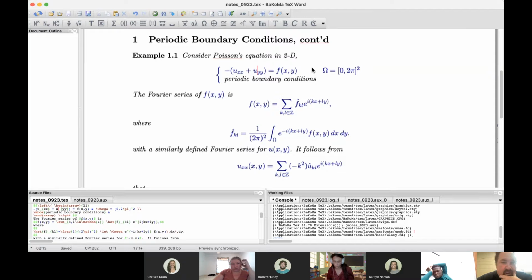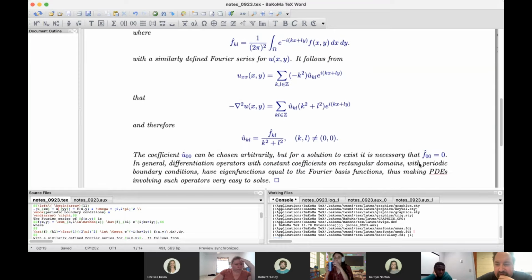So that's why we have this condition for the existence of a solution, that f hat 0,0 has to be 0. Because there's no way to take a Laplacian of any term in a Fourier series and get a constant. It's just not possible.